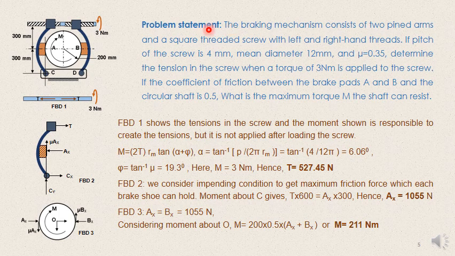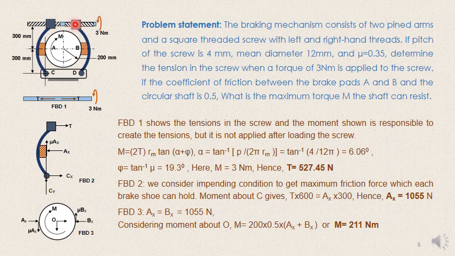This problem is a braking device. The braking mechanism consists of two pinned arms and a square threaded screw with left and right hand threads. Say this is a right hand thread and this is a left hand thread. I will just explain what right hand and left hand threads are. I'm giving a motion in this particular direction. For this one, the screw will be rising, and because it is on the same axis, the other will be dragged back.